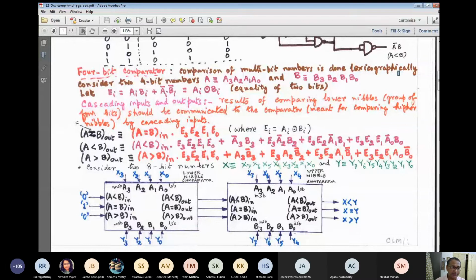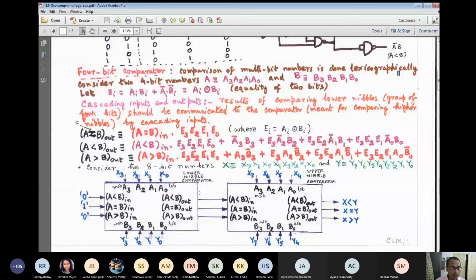That means just make a connection between the A less than B output of one comparator and the A less than B input of its immediate right neighbor. After that, there is no other forcing of constant values. After that, it is simply interconnection.